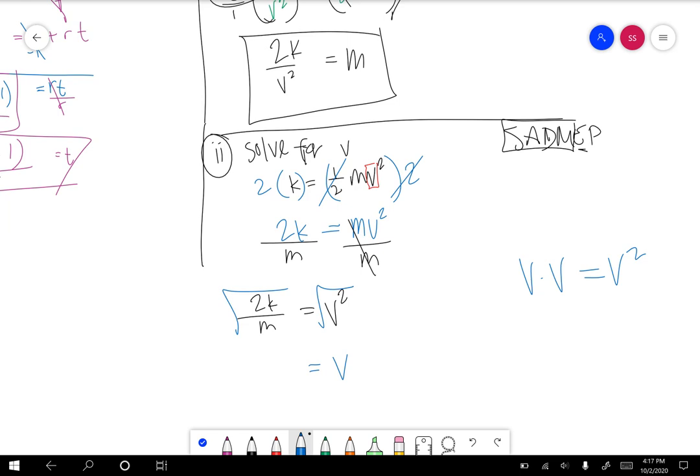So again, just a reminder, the square root is basically asking what times what will give us that number, in this case, velocity squared, right? In this case, it's pretty obvious, right?